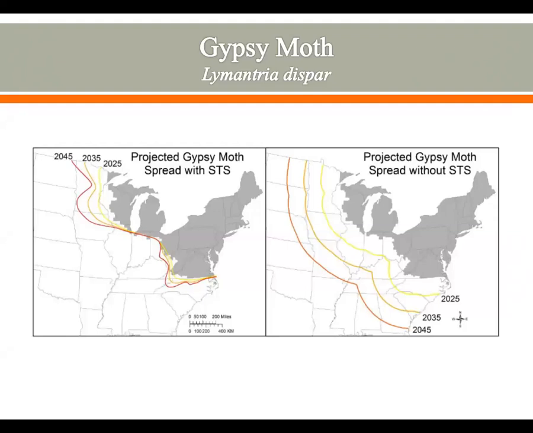And on mortality rates, a study done in Pennsylvania, I think it was back in the 80s, showed that with the first year of defoliation, you could see an 18% mortality rate, depending on the health of the trees. With 2 years in a row of heavy defoliation, that mortality rate jumps to about 89% on oaks.